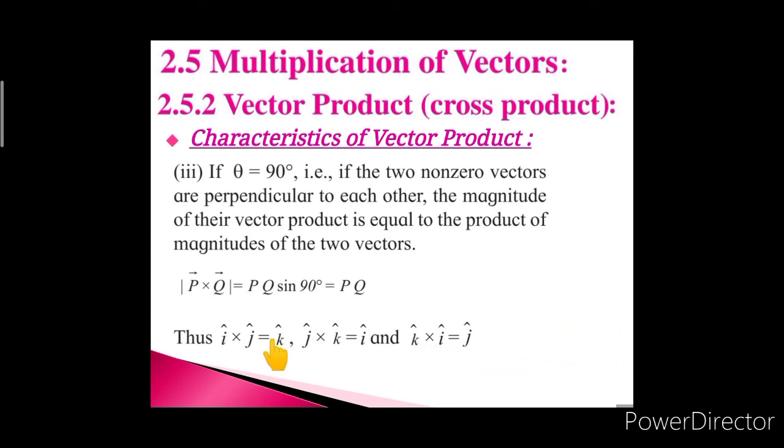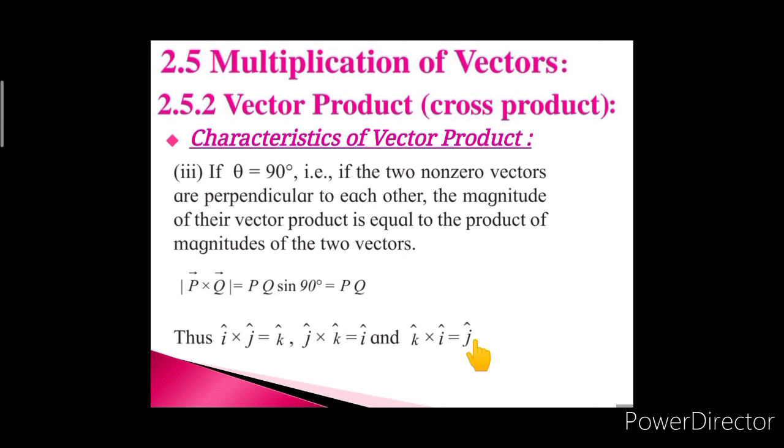So when we take the cross product of unit vectors, the order is to be taken as i, j, k. i cap cross j cap is equal to k cap. j cap cross k cap is equal to i cap. k cap cross i cap is equal to j cap.